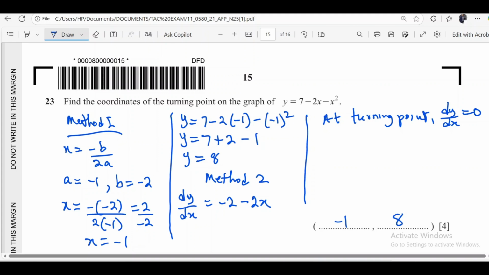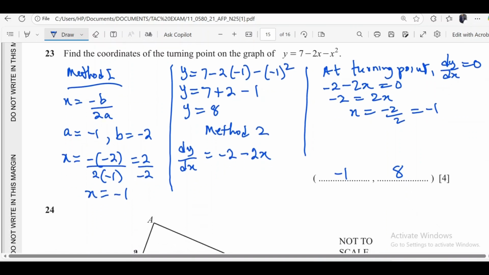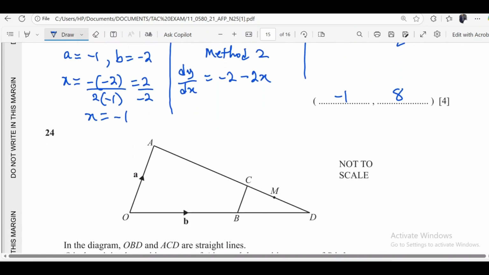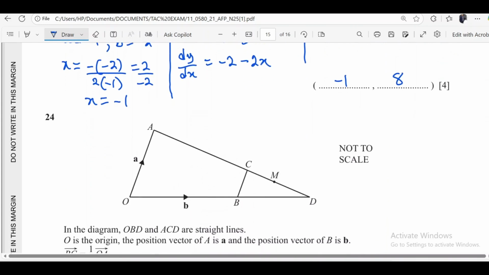Now, if you set this to 0, minus 2x equals 0, minus 2 equals 2x. So you will see that x is equal to minus 2 over 2, which is minus 1. Then you substitute minus 1 just like we did to get the value of y. All right, so any of these methods can be used. Now let's go to question number 24.